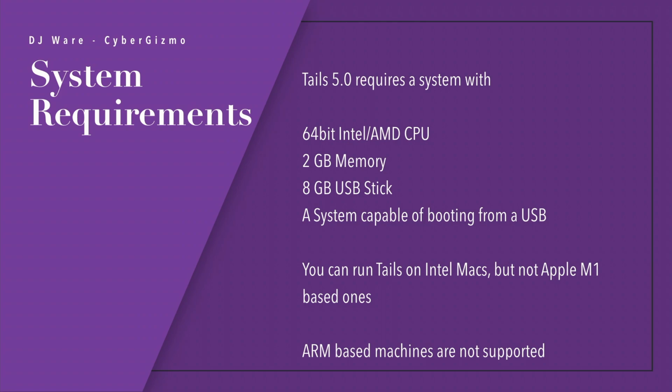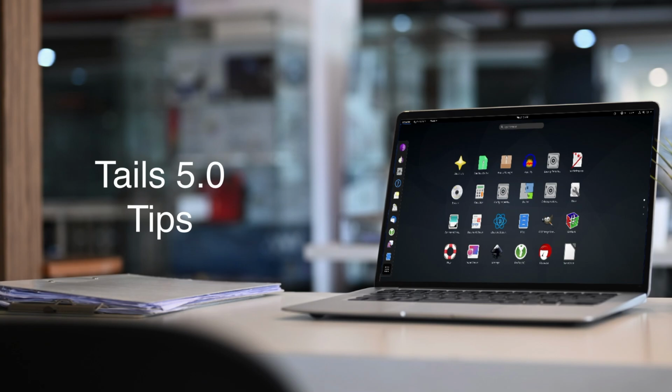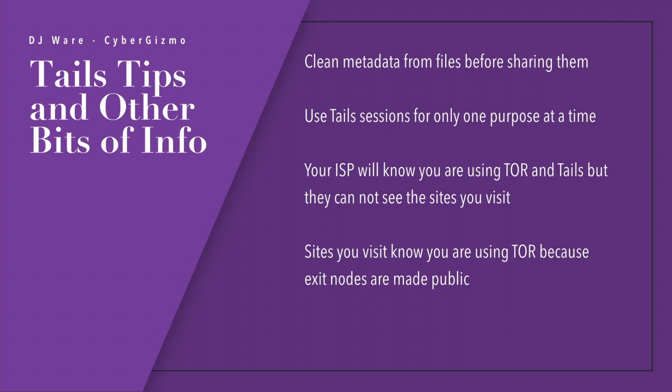You also need a system that's capable of booting from a USB because Tails does not install. You don't have an installer that's going to put this on a hard drive. It does not support ARM, and so you can run Tails on Intel Macs, but you can't run it on an M1 Mac.